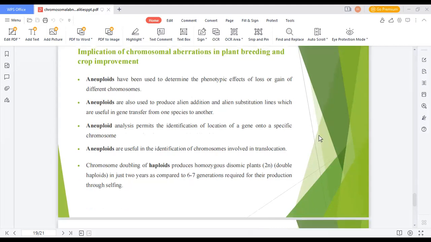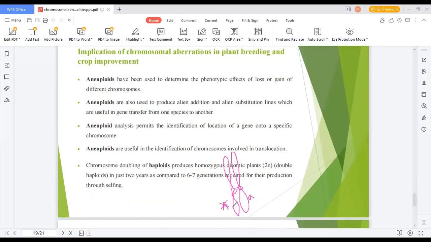So for example, in chromosomal aberrations, if one gene is missing in one chromosome due to deletion, the recessive gene expresses that character. For example, the A gene is deleted from the chromosome, but in the other homologous chromosome there is the small a gene.